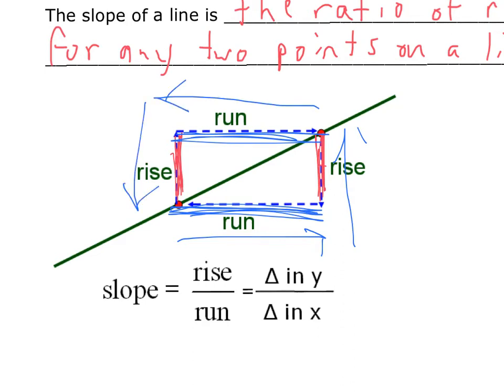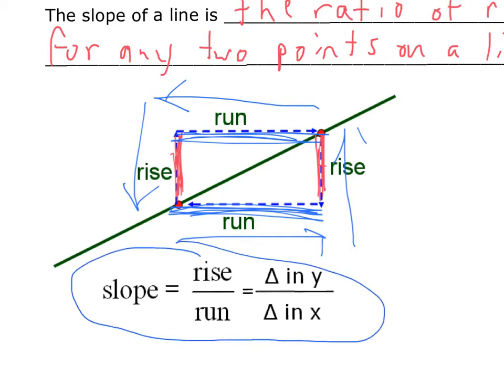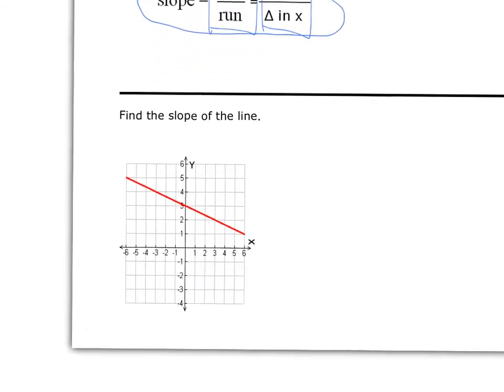Either way works. We just need to know, and you need to know, that this formula, slope is rise over run, or change in y over change in x. Both of these things mean exactly the same thing. Okay, so let's go ahead and move down.